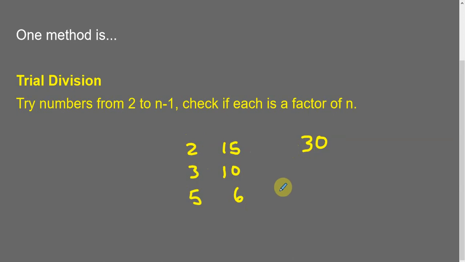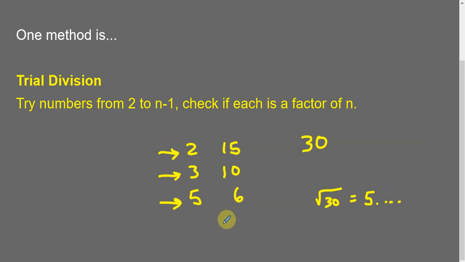And what I want to point out is that if you look at the square root of 30, so the square root of 25 would be 5, the square root of 36 would be 6, so this is somewhere between 5 and 6. It's 5 point something or other. And if you notice, in every pair of factors, one of the numbers is less than the square root of 30, and one of the numbers is greater than the square root of 30.